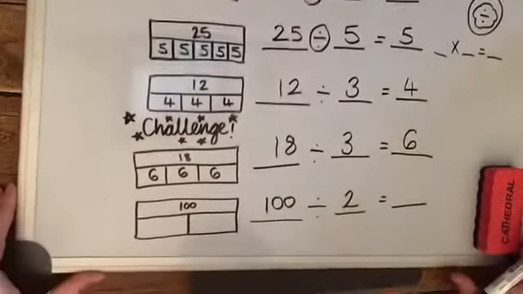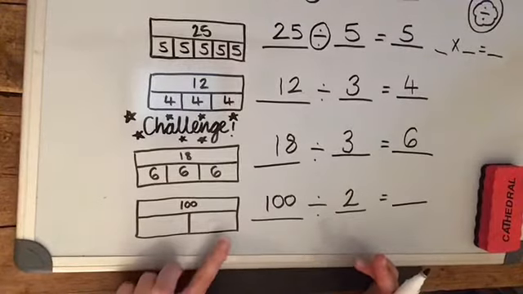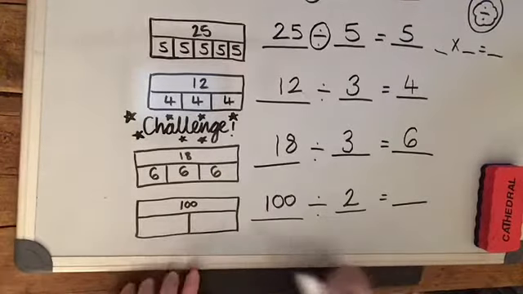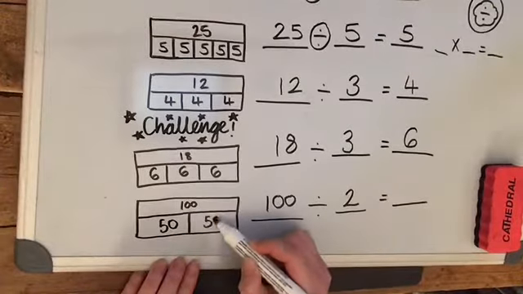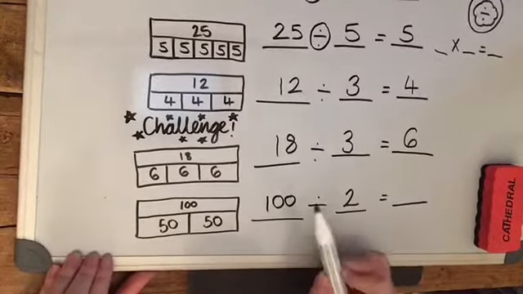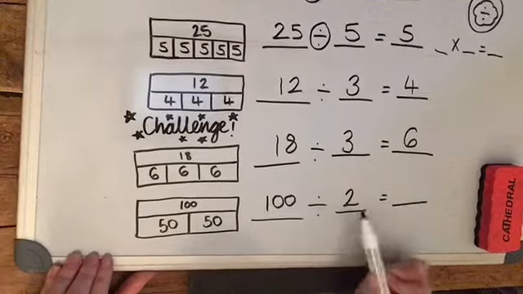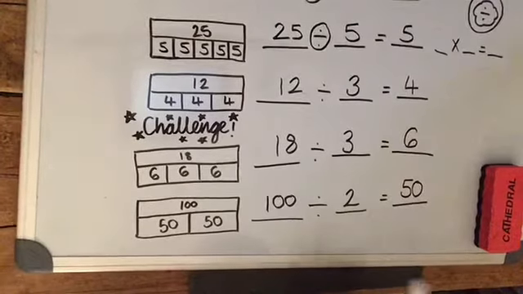If you're sharing between 2, it's the same as halving. Half of 10 is 5, so half of 100 is 50. So 100 divided by 2 gives us 50.